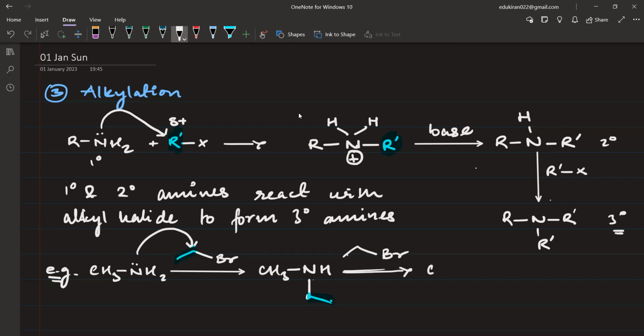It can react further, and you will get this. Write this, and then I will tell you how to name this type of amines where you have more than 1 alkyl group.